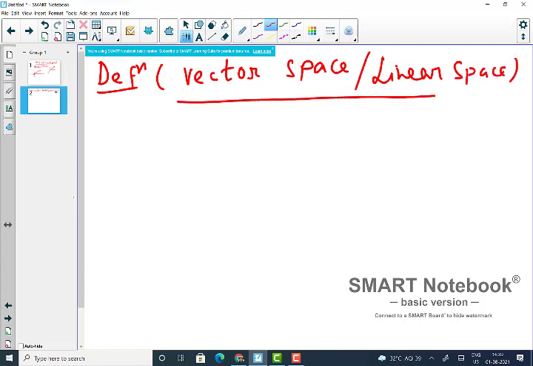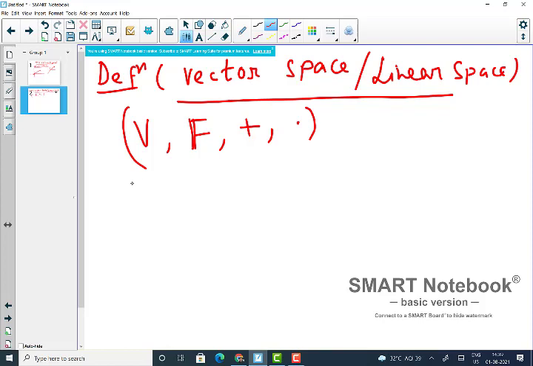So what do we need? We need a set V, and another set called the field, which I denote by bold F, and we need 2 maps, one is plus and one is dot. So this is my ordered quadruple. What are those maps?